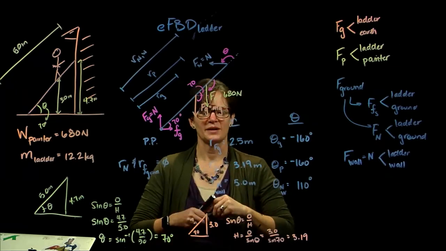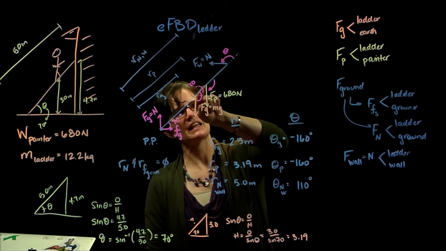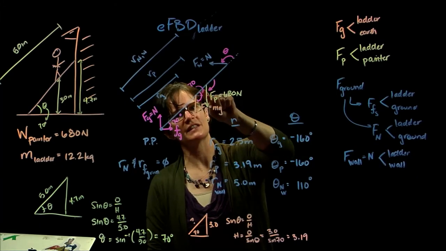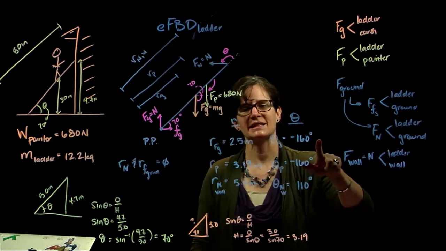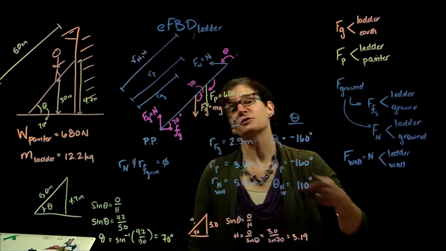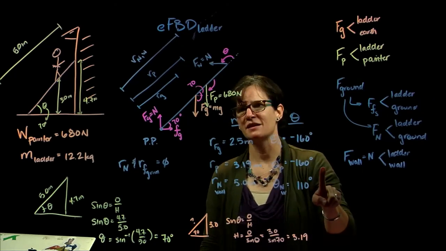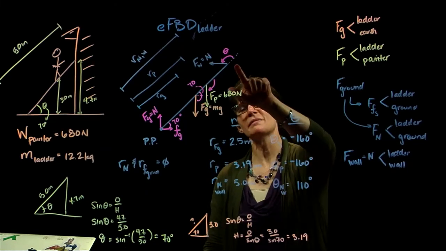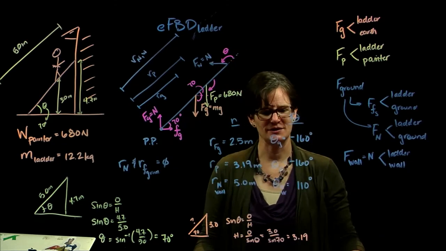All right, so again, just looking at those angles, we're interested in extending that radius and curling to the force. This is 70, this is 70, so 70 plus 90 is 160. It's in the negative direction because it is a clockwise angle. Similar for the painter. And then for that normal force, we extend that radius and curl to the force.